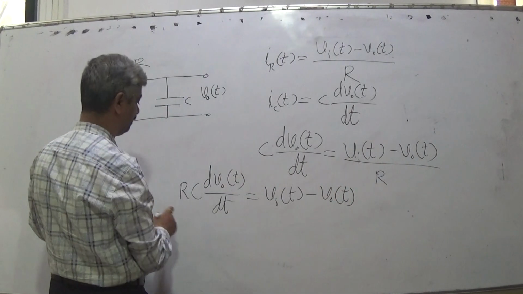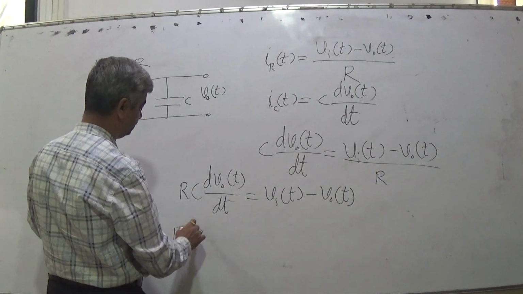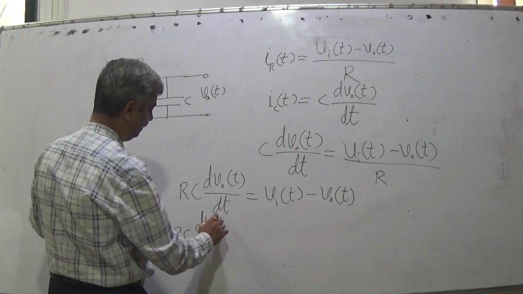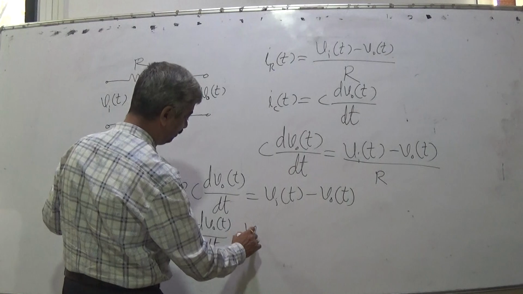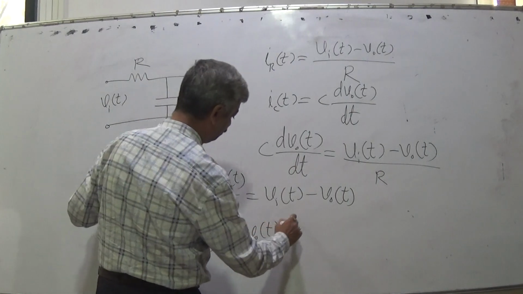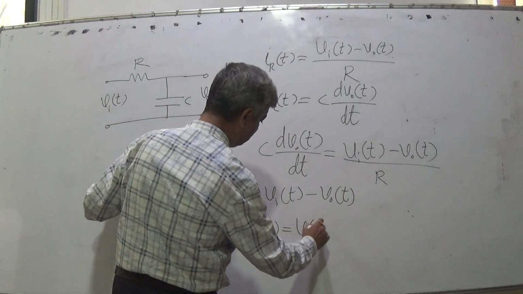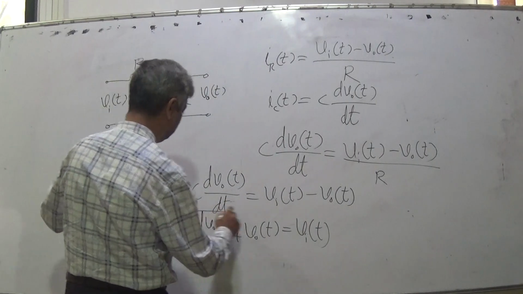Then we bring V out(t) to the other side: RC dV_out(t) upon dt plus V out(t) is equal to V in(t), the differential equation for the given circuit.